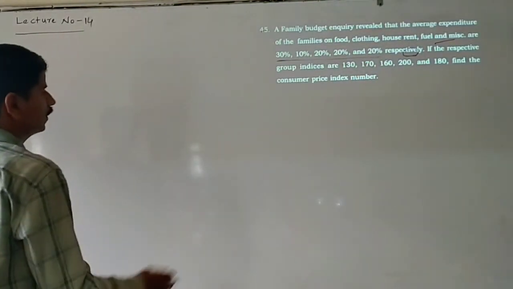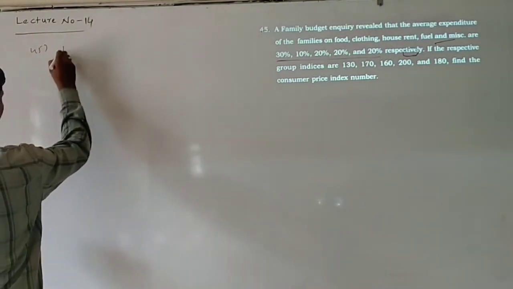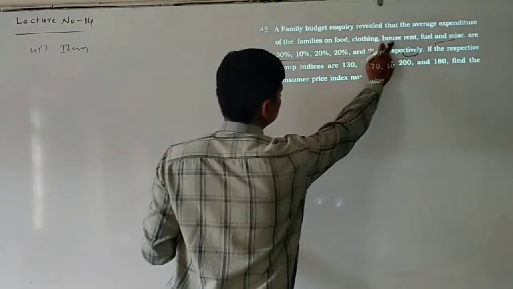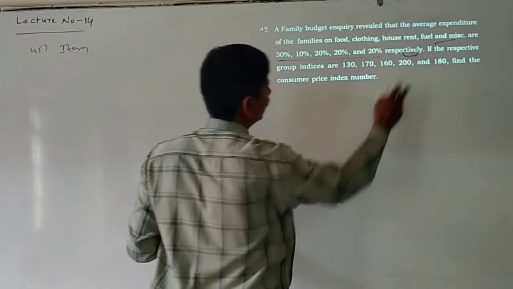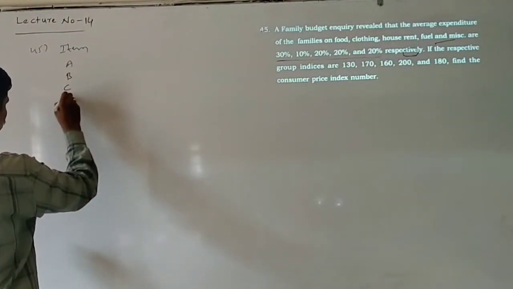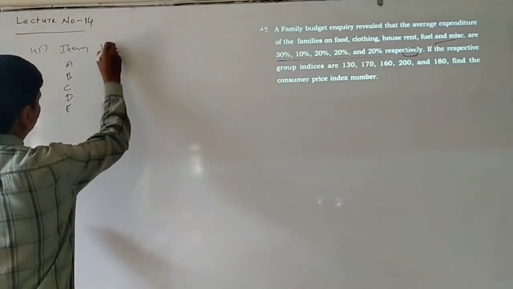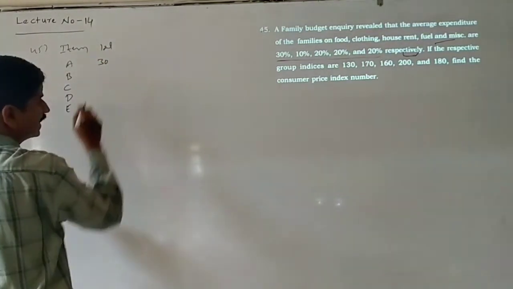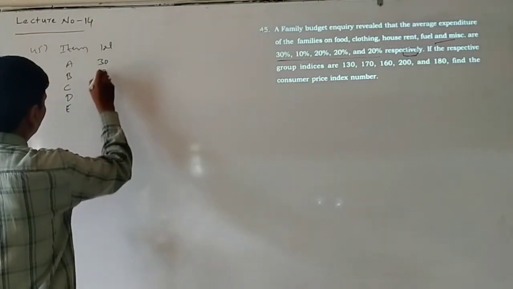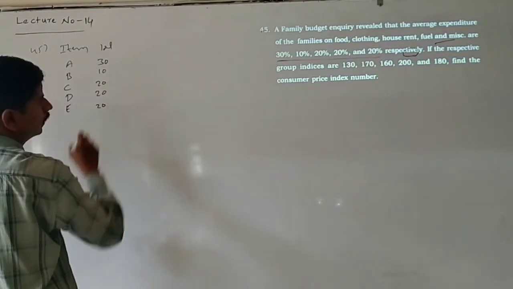First we have to write down the items: A, B, C, D and E. Next we have to write down the weights, the percentage expenditure: 30, 10, 20, 20 and 20.